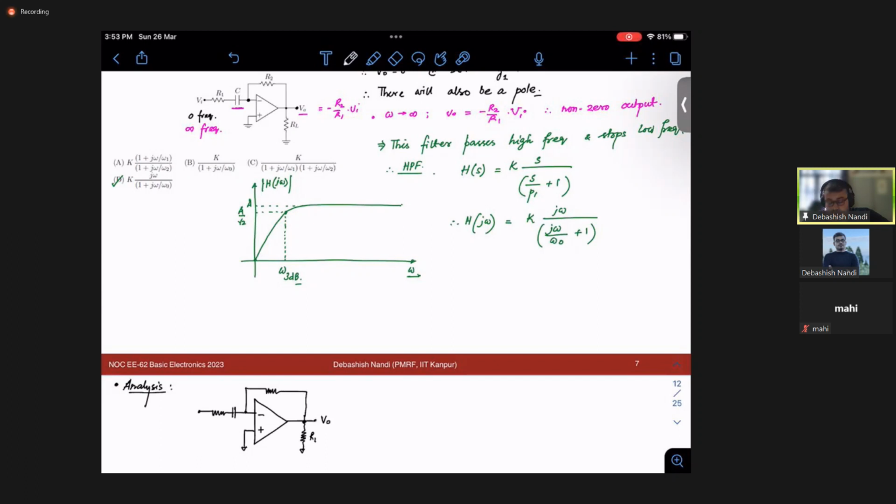This is V naught, this is RL, this is R2, C, this is R1, this is Vi, right?